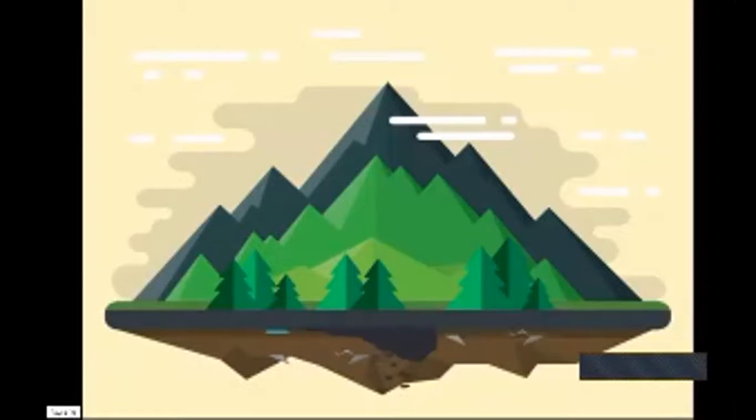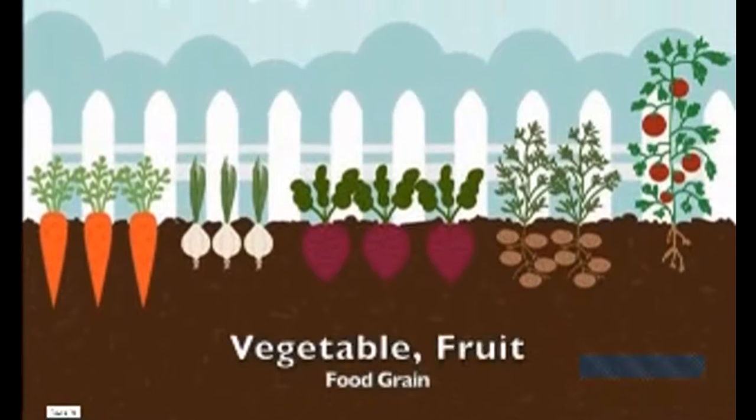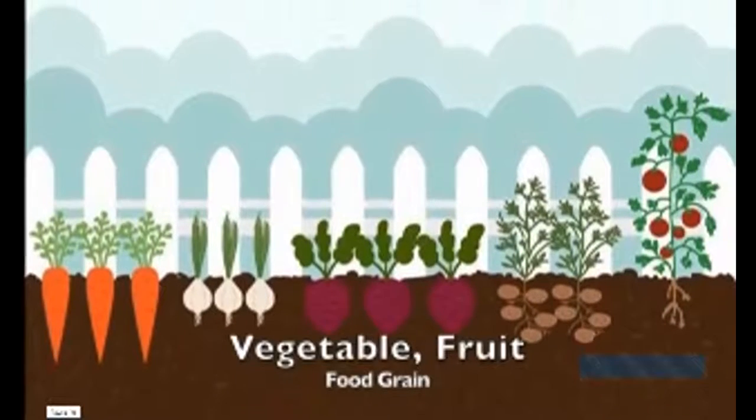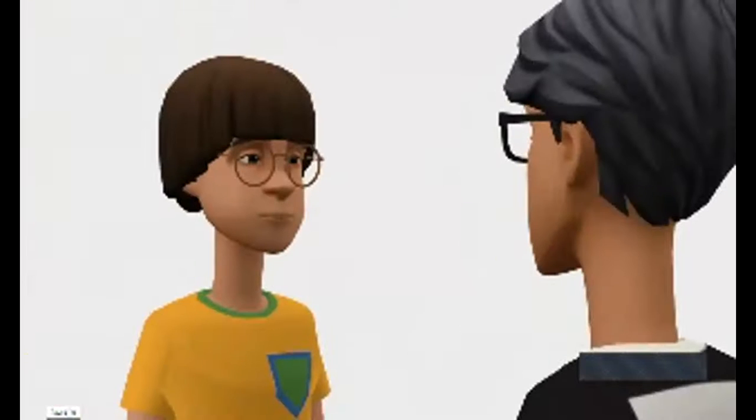The mountain on the land, underneath is coal and iron. The soil, fertile land gives us fruit, vegetables, and food grain. So, how was your session? Superb.